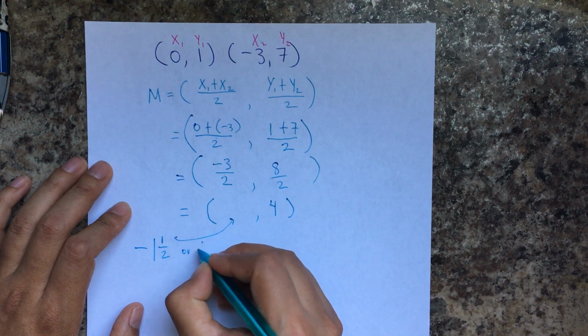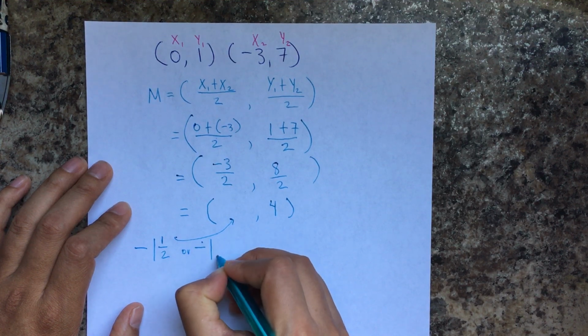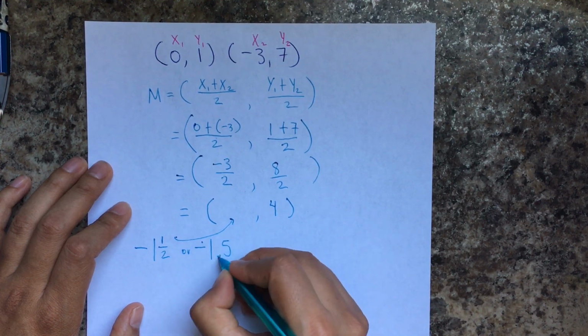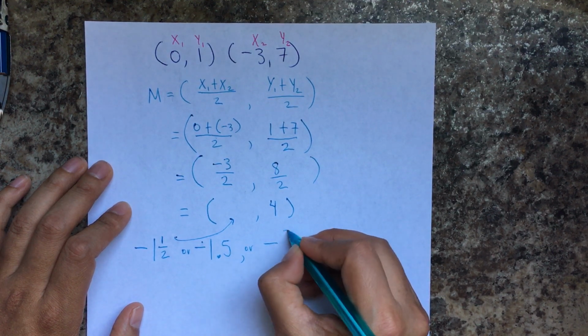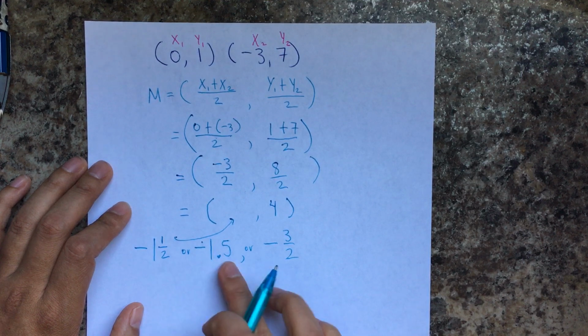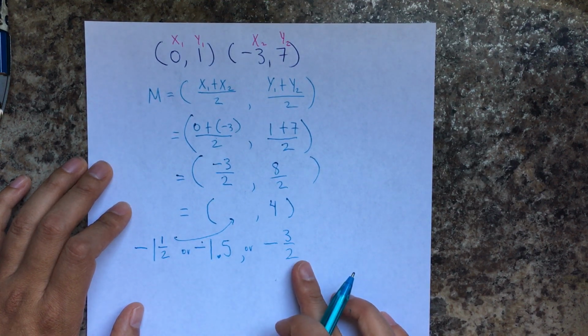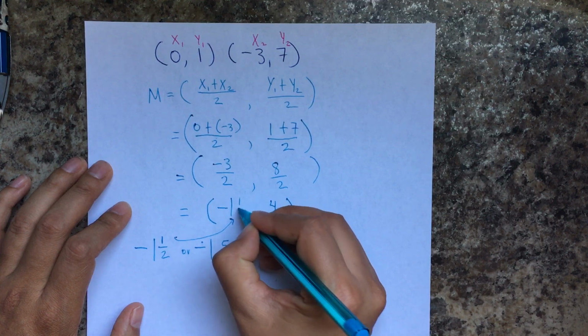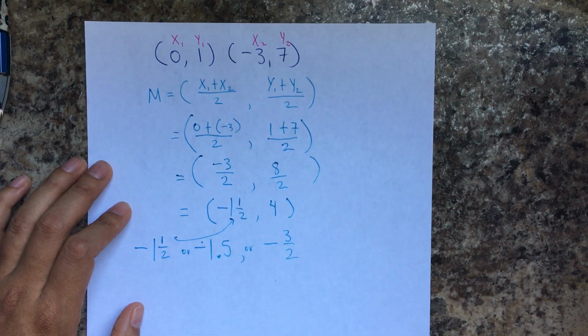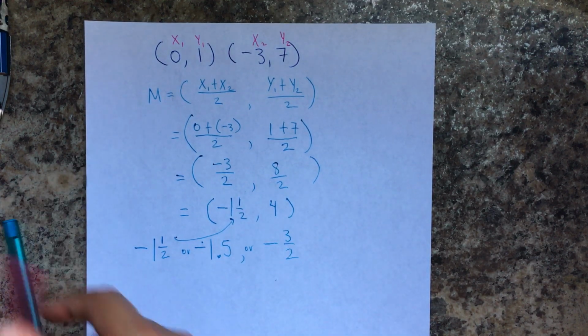Or you can put negative 1.5, or you can just leave it as negative 3/2. Any of these three I will accept. Okay, but I think I'm gonna leave this one, negative 1 and 1/2. Okay, so that's my midpoint.